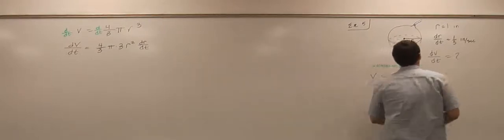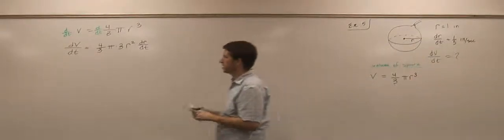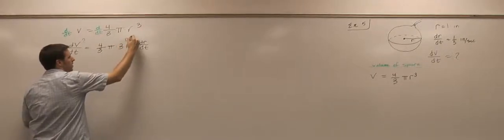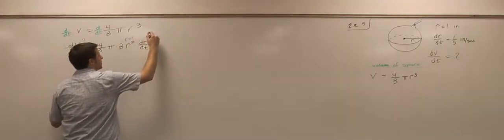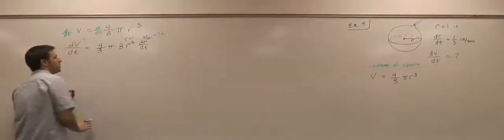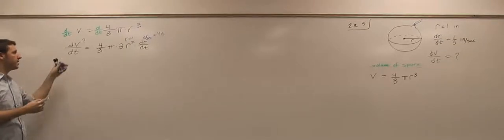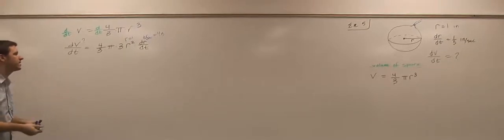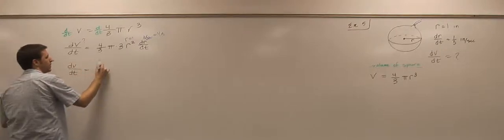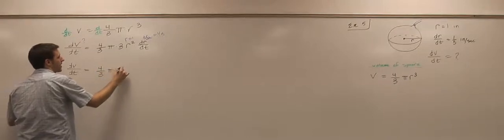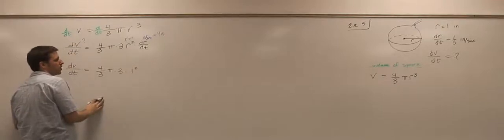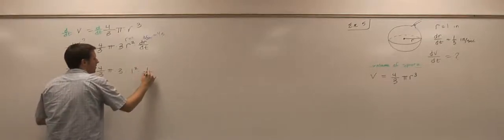So I'm looking for dV/dt when r is equal to 1 and when dr/dt is equal to 1/5. If I plug in, I'll be able to figure out exactly what dV/dt is. 4/3 pi times 3 times 1 squared, because I'm interested when r is 1, times 1/5.